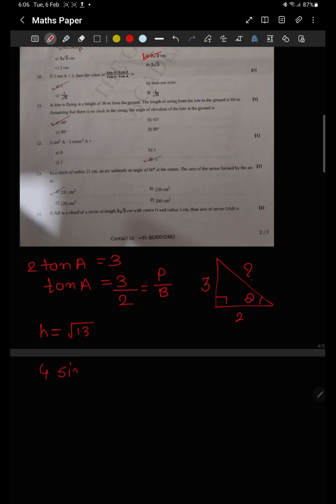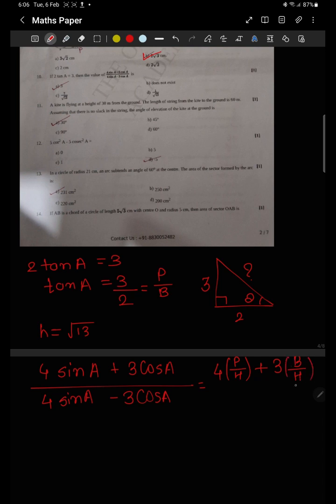4 sin A plus 3 cos A upon 4 sin A minus 3 cos A. If you check one thing, sine is nothing but perpendicular upon hypotenuse, so 3 into cos A is nothing but base upon hypotenuse. Now upon, 4 sine is P by H minus 3 cos is B by H. If I take H common, then it will get cancelled.